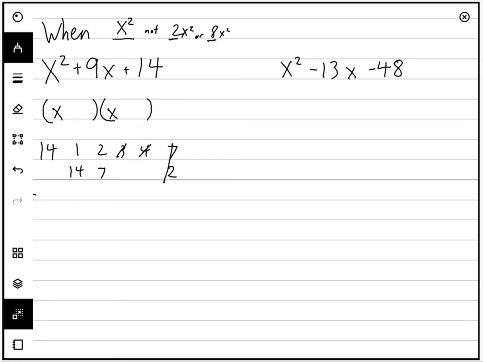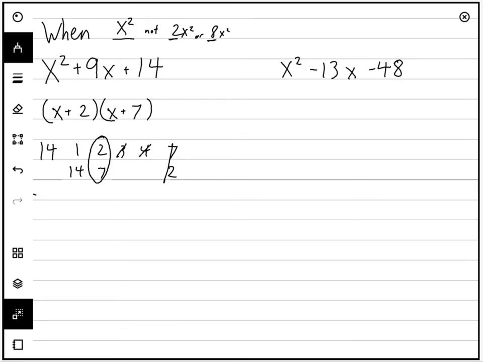So for the most part, we just have 1 and 2 times 14 or 7. And then just look, does this one give me 9 when I add them together? No, it's going to give me 15. But this one gives me 9. So I know that these are going to be my two pairs. So these two numbers, 2 and 7, are going to go in here. So I'm going to put plus 2 and plus 7.